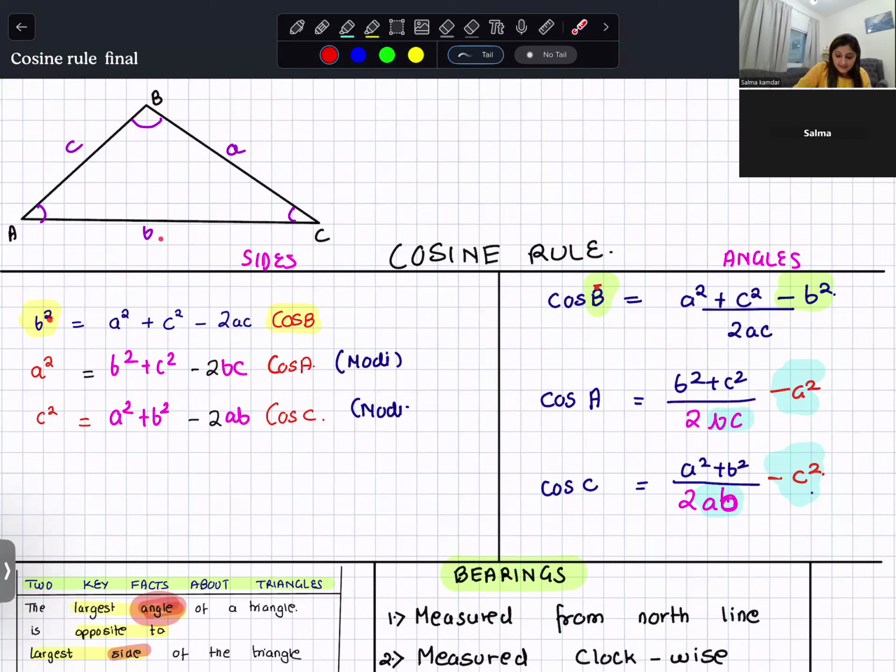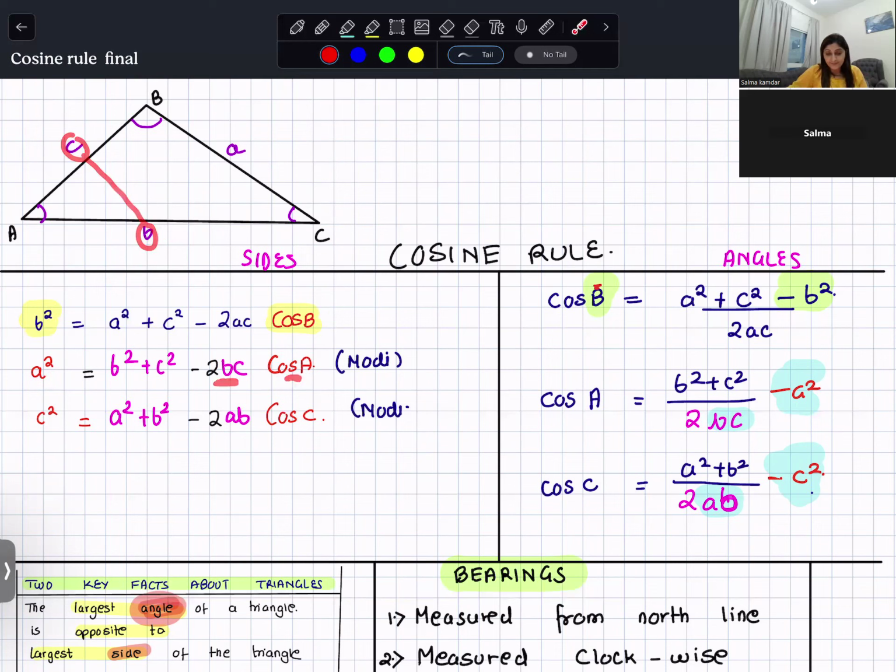If instead of b you have to find side a, you would write a square, and instead of cos B you would write cos A, and it would be b square plus c square minus 2bc cos A.